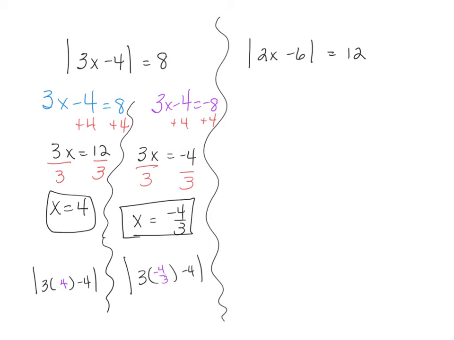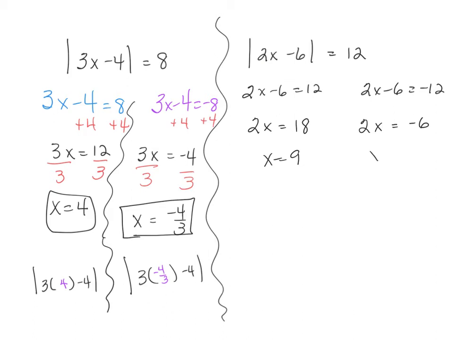So we should get 2x minus 6 equals 12. 2x minus 6 equals negative 12. 2x should equal 18. And x should be 9. 2x should equal negative 6, and x should be negative 3.